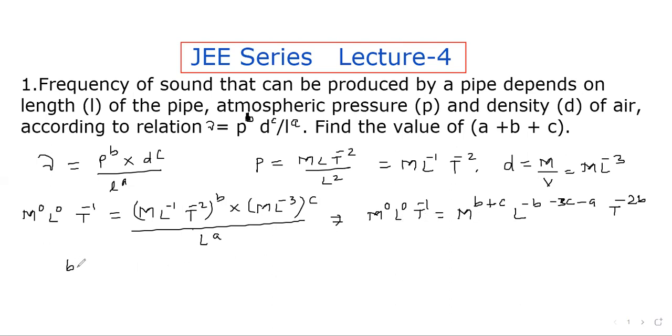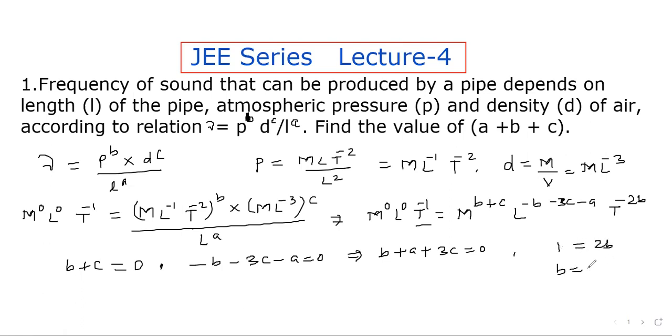So we get B plus C equal to 0, and -B -3C -A equal to 0, which implies B plus A plus 3C equal to 0. And for the power of T, 1 equal to 2B, from where we get B equal to 1 by 2. When B equals 1 by 2, we put it here: 1 by 2 plus C equal to 0.